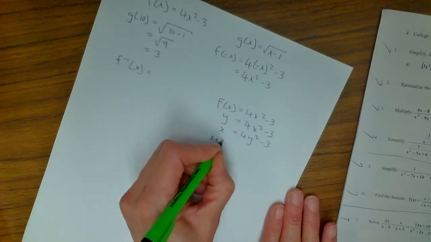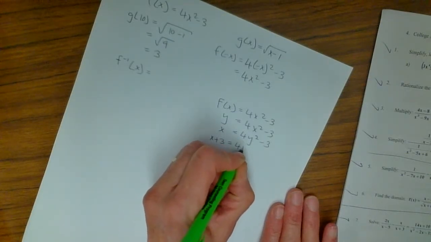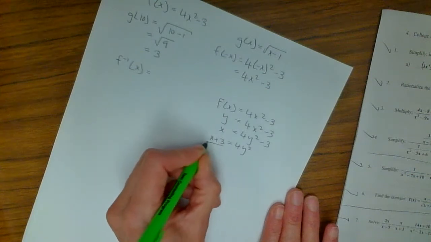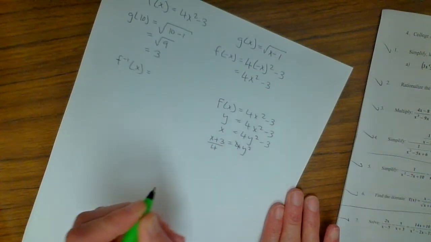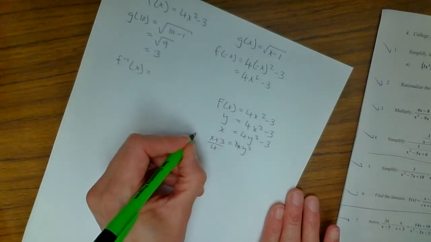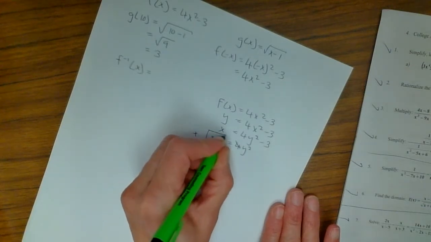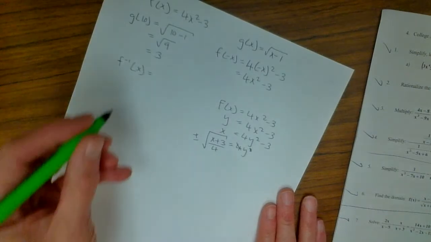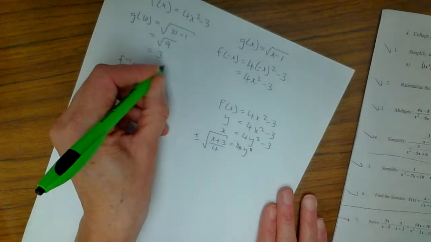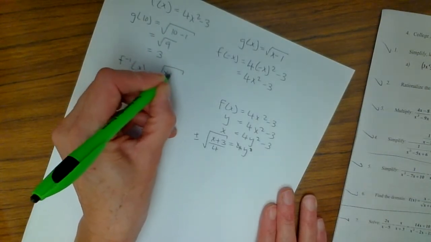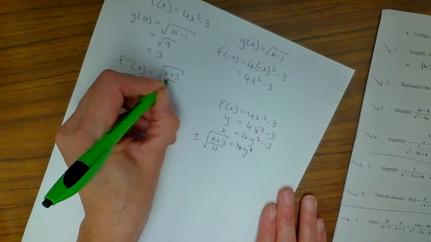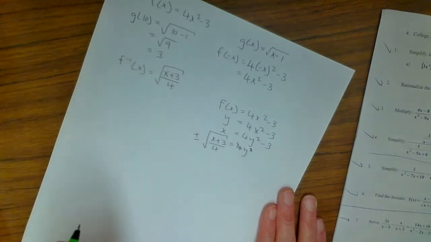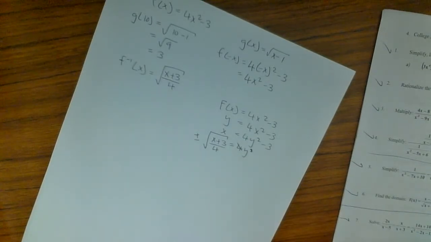So x plus 3 is 4y squared. So x plus 3 over 4 is y squared. So y is plus or minus the square root of x plus 3 over 4. If I want an inverse function, I need to choose just one side of that.